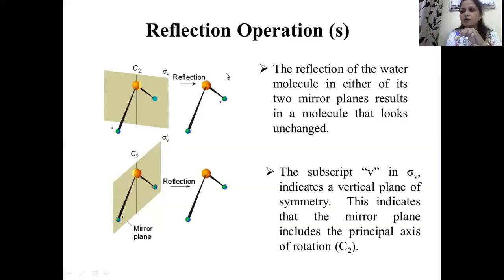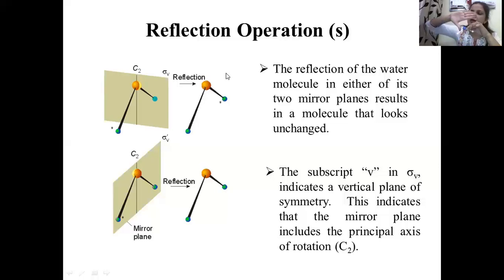Another possibility of a mirror plane in this water molecule is if I pass the mirror plane through all the atoms. All the atoms means I am passing the plane through this oxygen and these two hydrogens, like this. Now, what will be the mirror image?